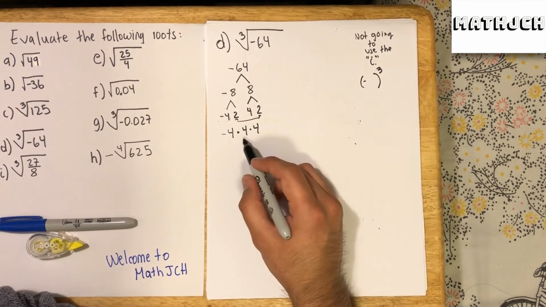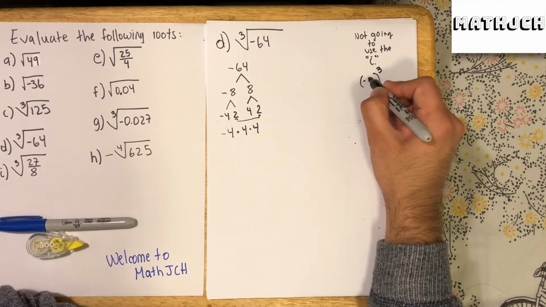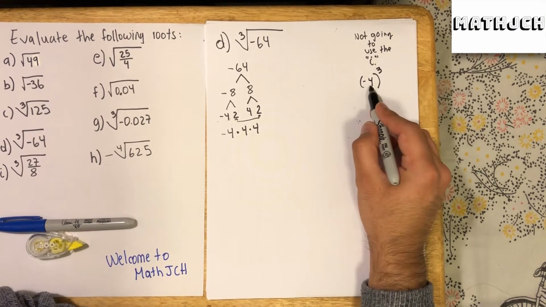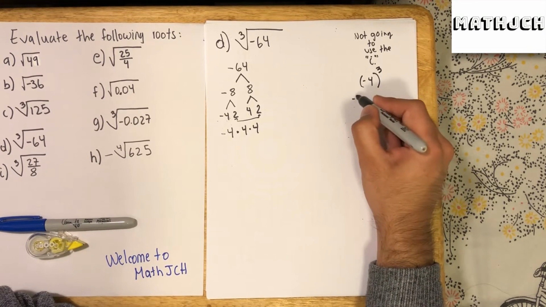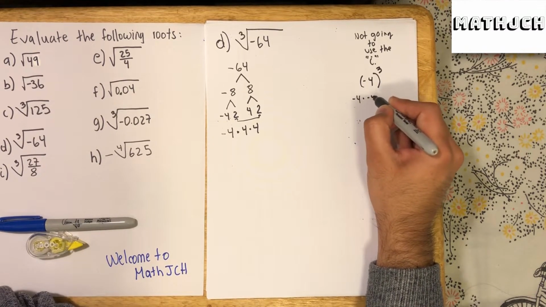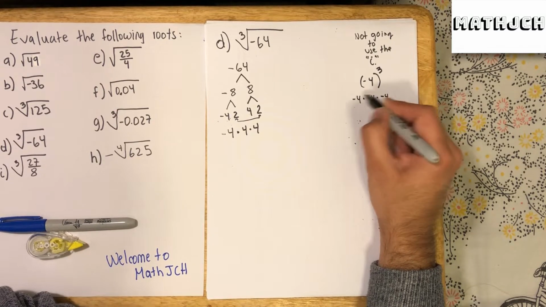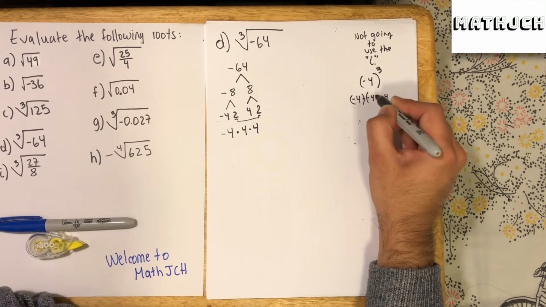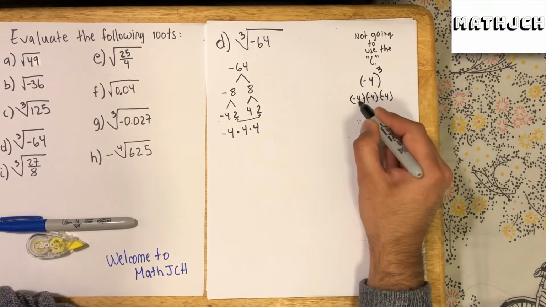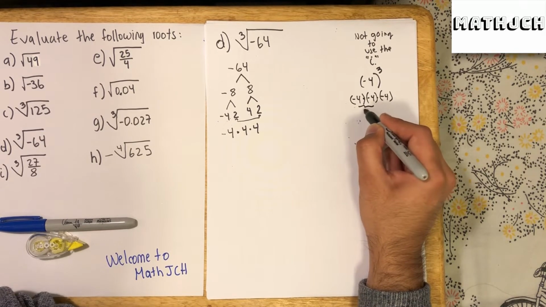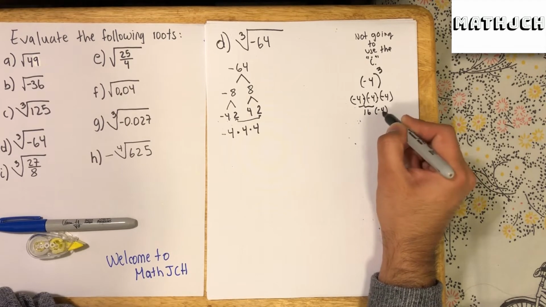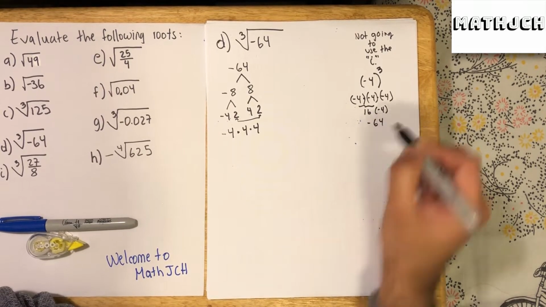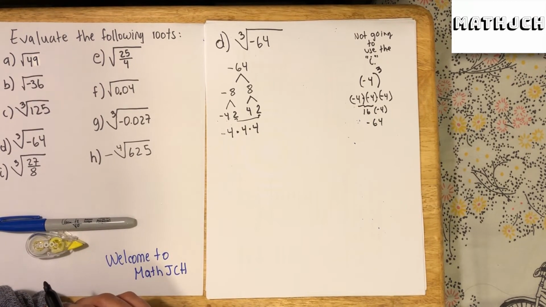So the number that is going to go here inside is going to be actually negative 4. Because negative 4 to the power of 3 is negative 4 times negative 4 times negative 4. I could use parentheses if you like. And negative 4 times negative 4 gives me positive 16. Times negative 4, positive times negative, gives me negative 64.